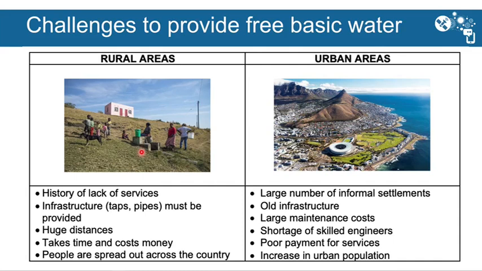In the rural areas, there is a lack of services. The infrastructure, that's the taps and the pipes, must be provided. Then the distances are large, and it takes time and it costs money. And the other problem is that people are spread out across the country. So it is difficult to provide free basic water to your rural areas.